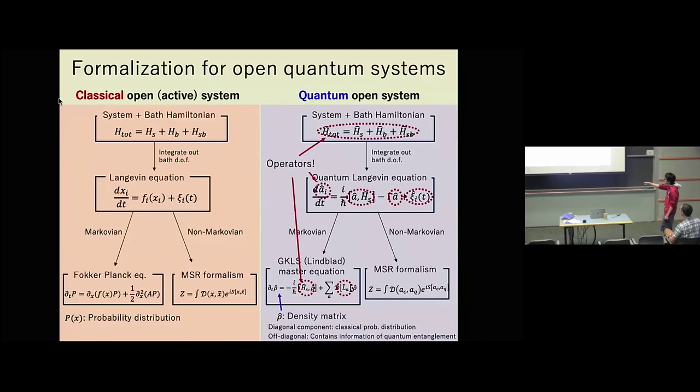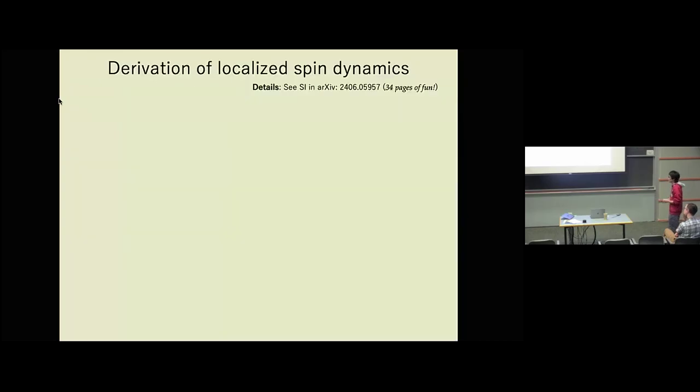Also, instead of looking at the classical probability distribution, to characterize the quantum state you have to look at what's called the density matrix, where the diagonal components know about the classical probability distribution, and the off-diagonal components contain some information about the quantum entanglement. But more or less, technically speaking, it's just that the Hilbert space got bigger. Saying it's not that different is a little too strong, but something like that, it's similar.